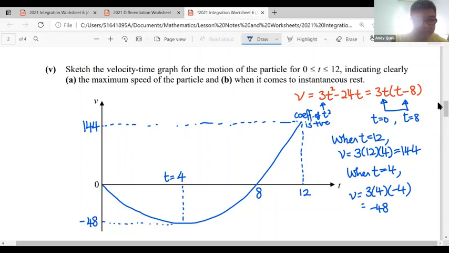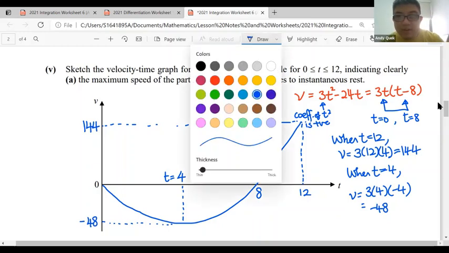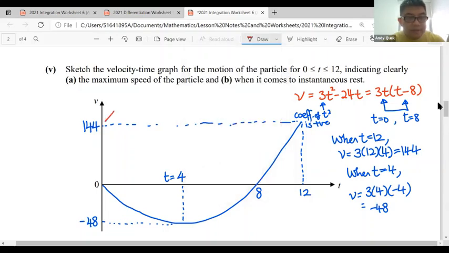Nowhere near 144. So I'm ready to make my concluding statement here. Indicating clearly: A, maximum speed is 144 meters per second.